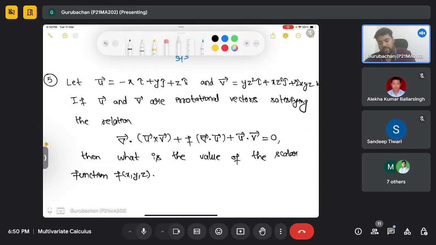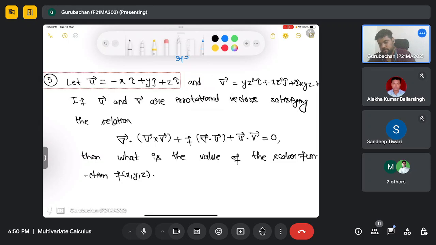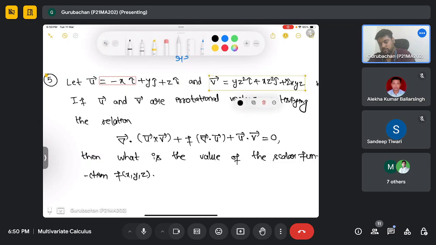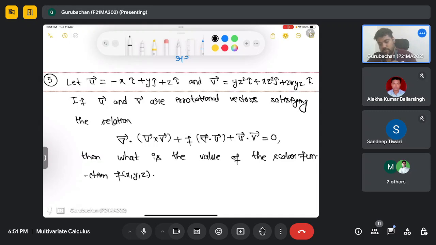So we have to find out from that relation what will be the value of this particular scalar function that is involved in the relation. Try this one.